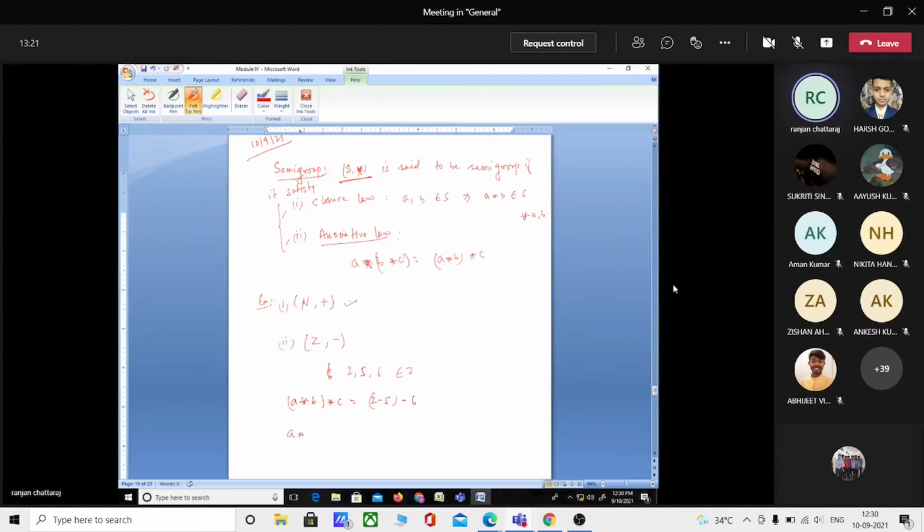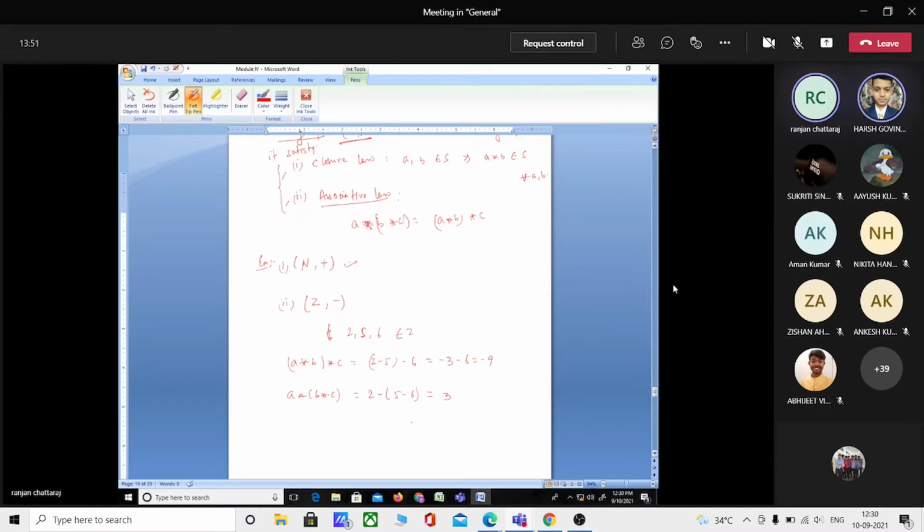What are the values? It is minus 3 minus 6, which is minus 9. And the other way, 2 minus (5 minus 6), it is 3. So it is not associative.